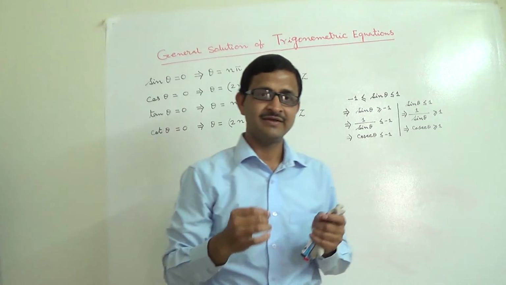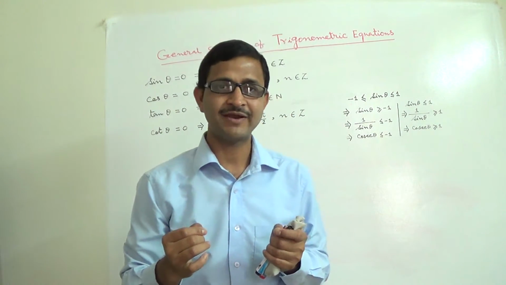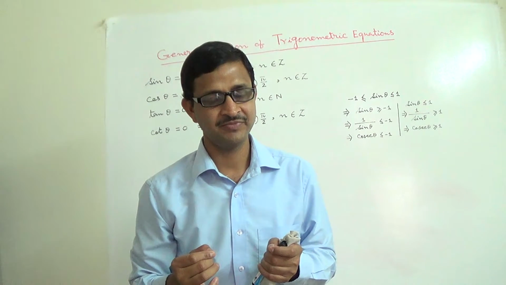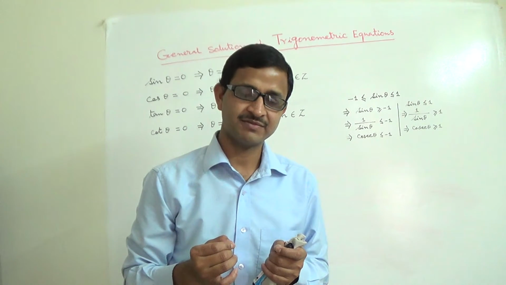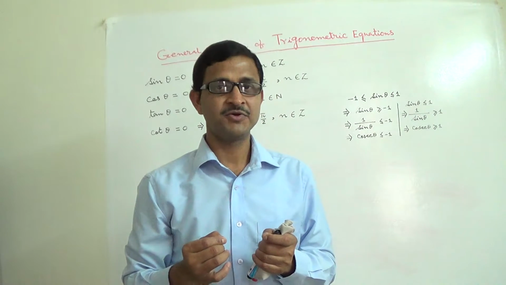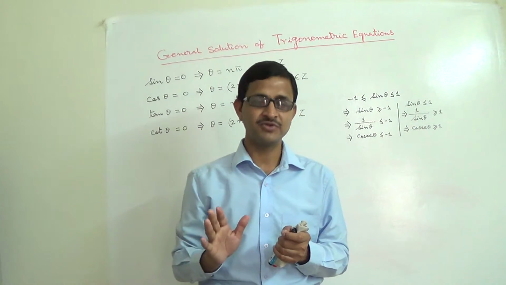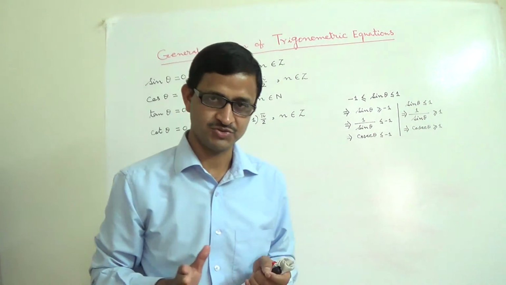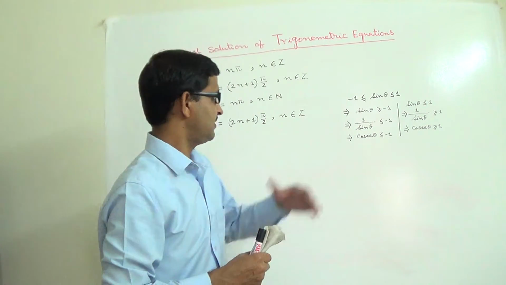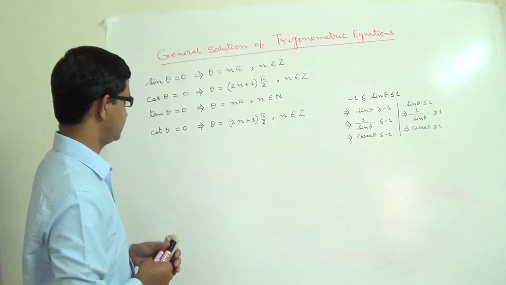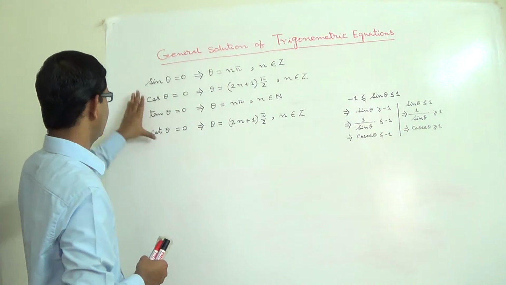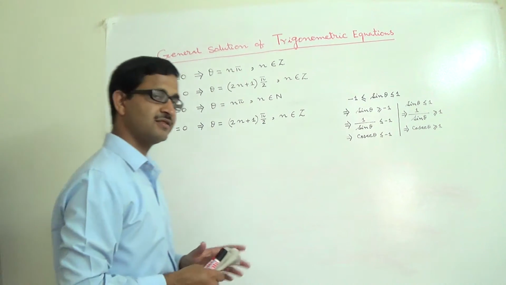That means that cosec theta cannot attain a value 0. The similar explanation is true for sec theta equal to 0. Sec theta equal to 0 doesn't have any solution, okay, because it goes with the same logic. So that's why I have not discussed cosec theta equal to 0 and sec theta equal to 0.